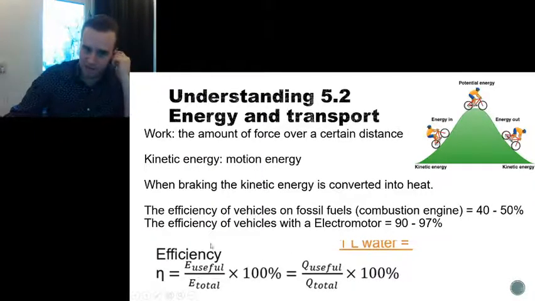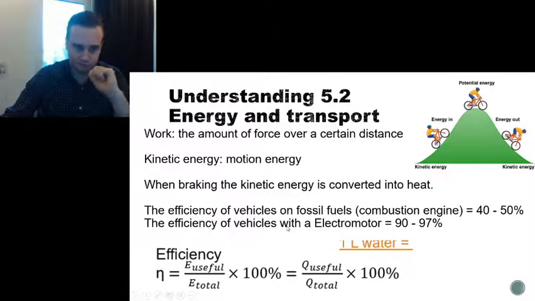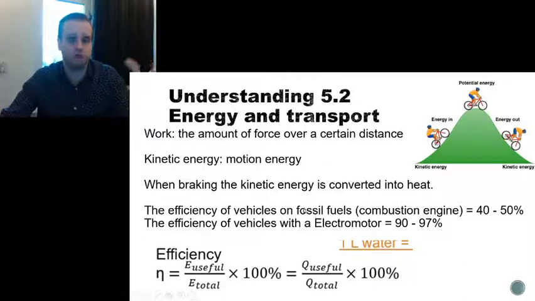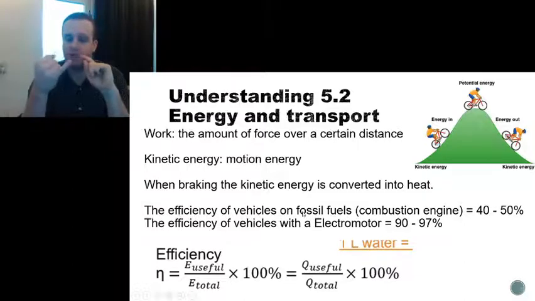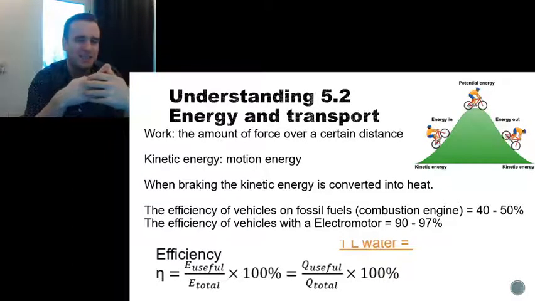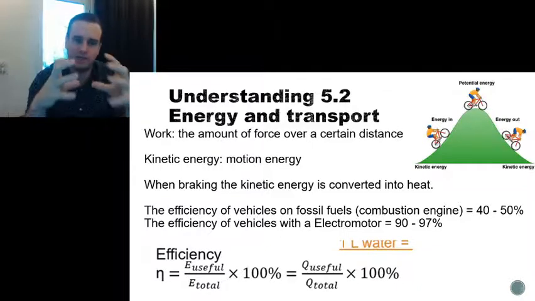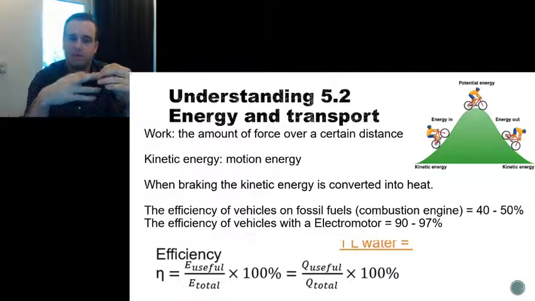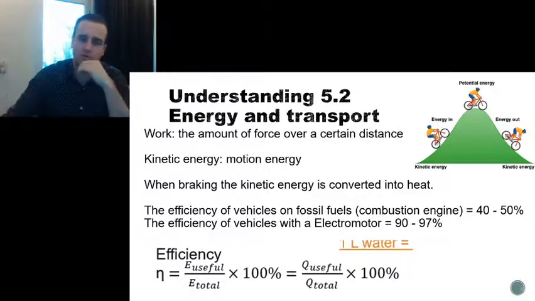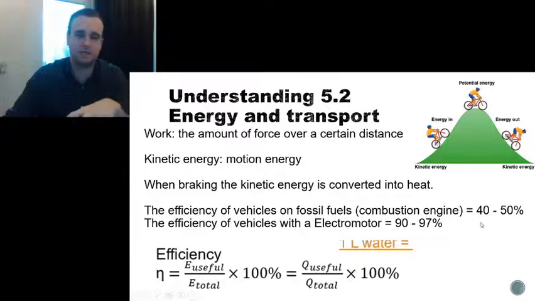And if you look into two types of vehicles, we have vehicles that use fossil fuels. Fossil fuels, I mean petrol, diesel, but also something we call LPG, which is gas. You can drive on gas. And when you use these types of vehicles, often you have an efficiency of only 40 to 50%, meaning that for every liter you burn, only 40 or 50% of the energy that is released goes to something useful to drive your car.